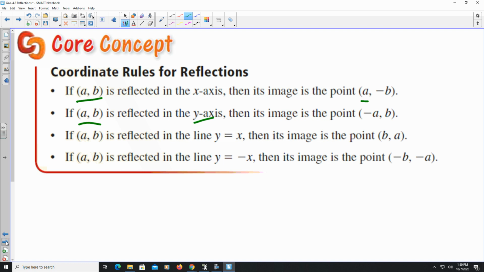If it's reflecting over the Y axis, the opposite now gets changed with X, and Y remains the same. Here it says if you have y equals x, what happens is the values of b and a switch. And if it's reflected as y equals negative x, then not only do you switch around the coordinates of X and Y, but you also make them the opposite values.